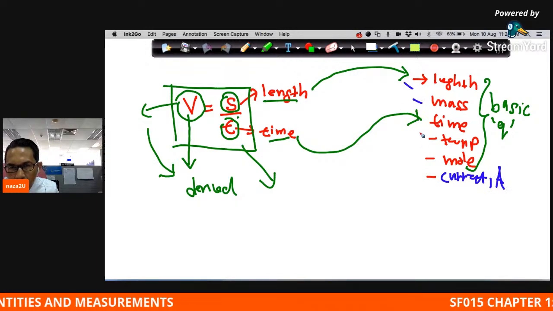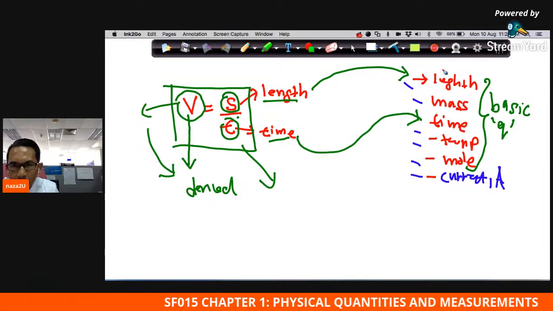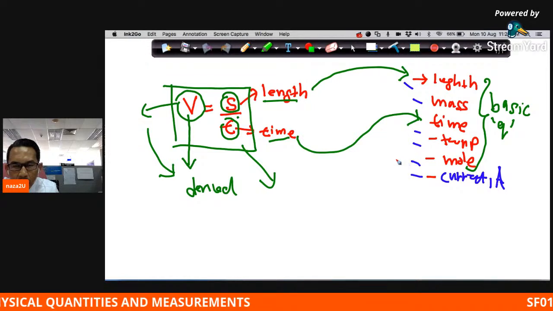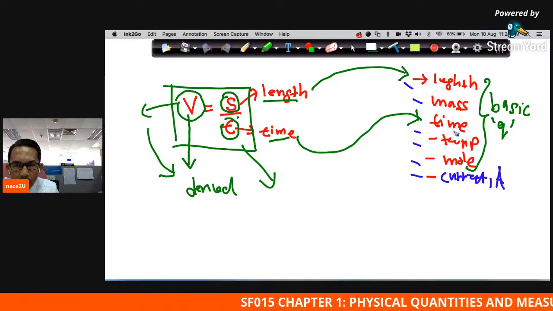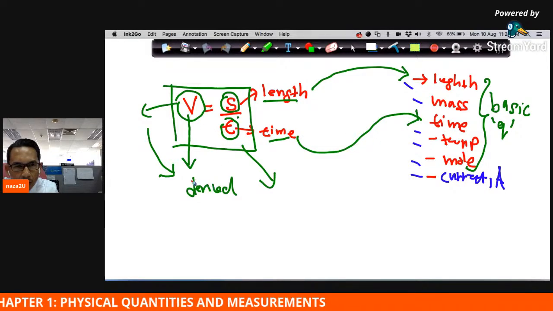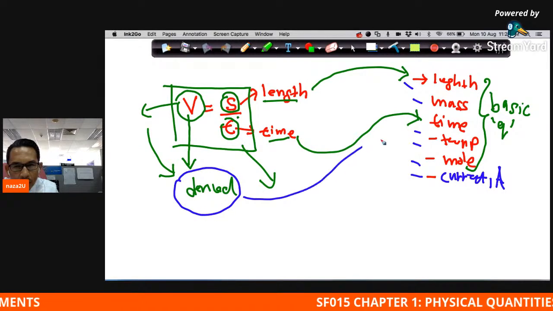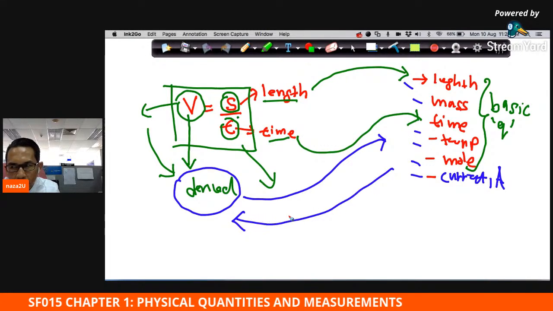So you can refer to the table. As I said earlier, we have the list of basic quantities. The most important here is you must know first you have a basic quantity, and next we have a derived quantity. So how can you produce a derived quantity? Derived quantity comes from or is produced by the basic quantity.